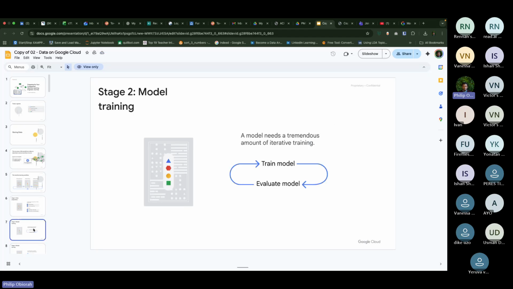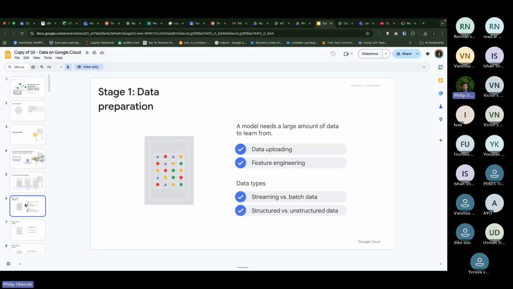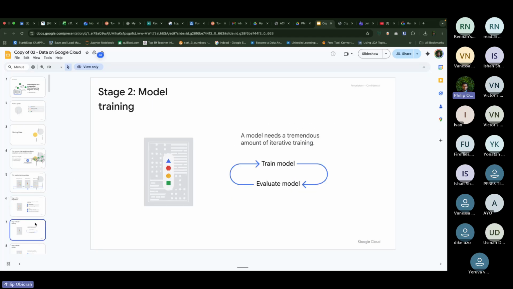Now, we've talked about data preparation. Then the next stage is what? Model training. Now, this is also very iterative. You train the model, evaluate the performance, adjust the parameters of the data, train the model. You keep doing this until you're satisfied.